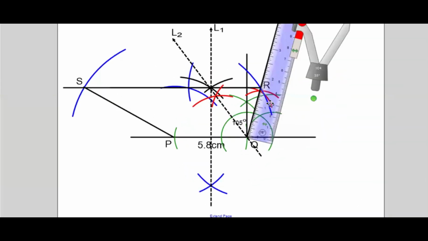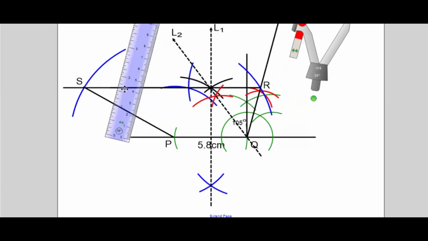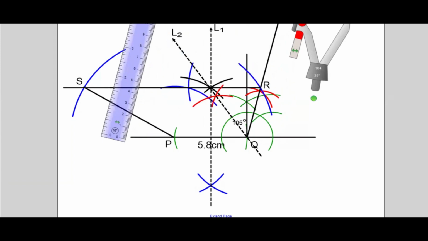From point Q to R, if you look at it carefully, that is 0, 2, 4.5. So we can write our QR as 4.5.